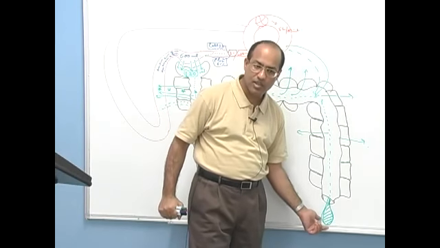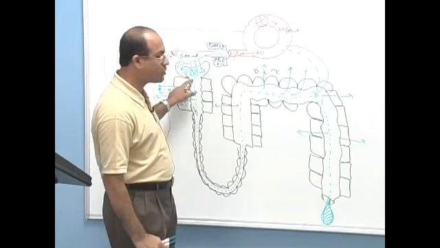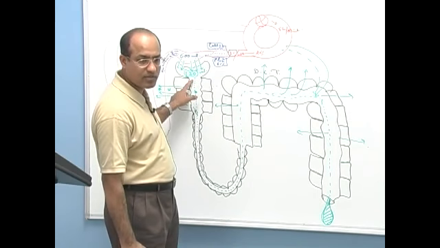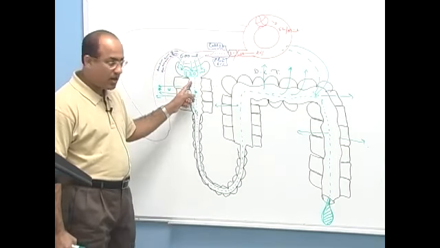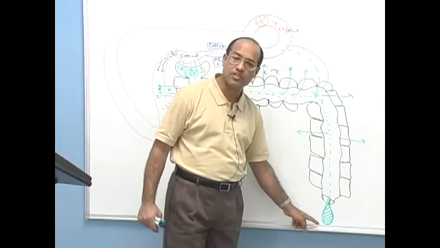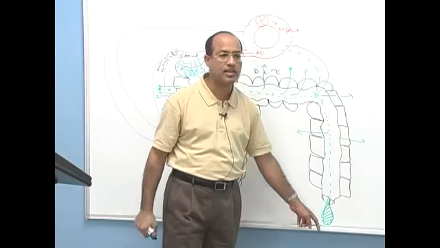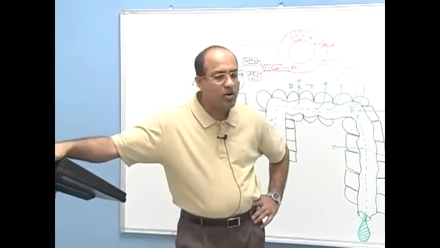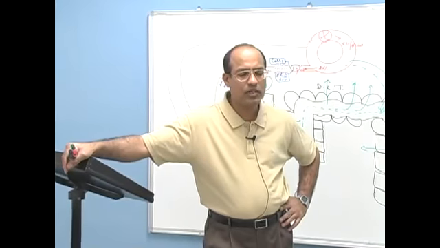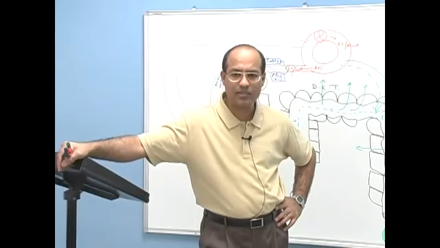Every minute, out of 120 ml, please attention, how much appears in a normal person as urine? Question goes to this young lady. Every minute, how much fluid appears as urine at the end of the nephron?